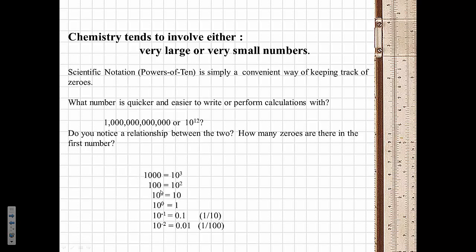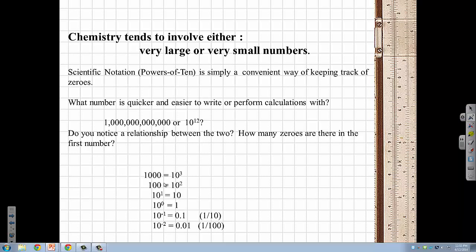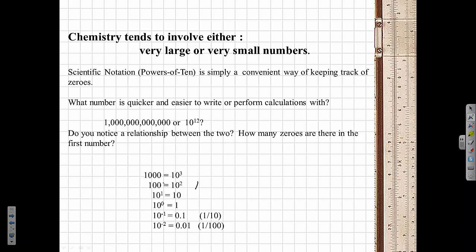So if you notice, what is 10 squared? 10 squared is 10 times 10, right? 10 times 10 is 100. 100 has 2 zeros.